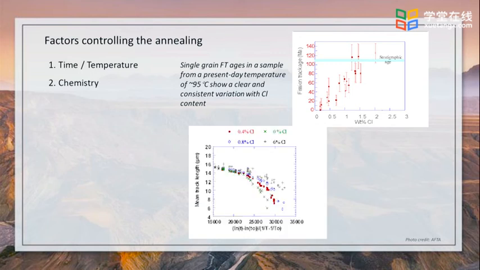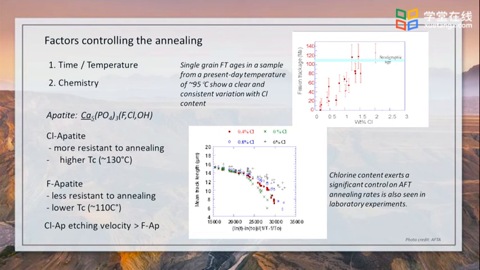Chlorine content exerts a significant control on fission track annealing rate in apatite, as also seen in laboratory experiments. It is shown that chlorine-rich apatite is more resistant to annealing and sustains higher closure temperatures. Chlorine content is therefore measured in every grain in which either age or length data is collected.